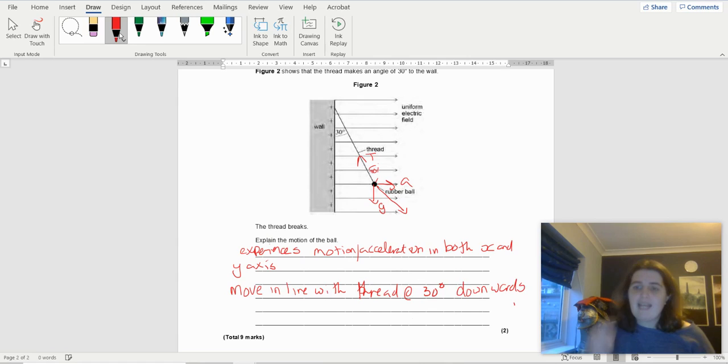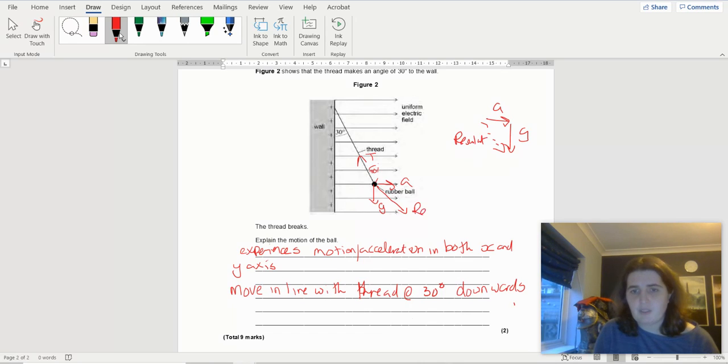Okay, because a and g are constant, those two are not going to change. That's bringing back what I said earlier, that a is not going to change. So the relationship between the acceleration and g is not going to change. If I do that here, I've got a here, I've got g here, which means the motion of the resultant is going to be going that way. Okay, so that's actually what's going to happen.